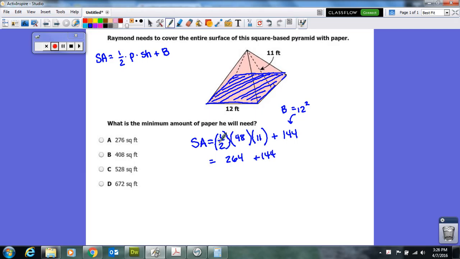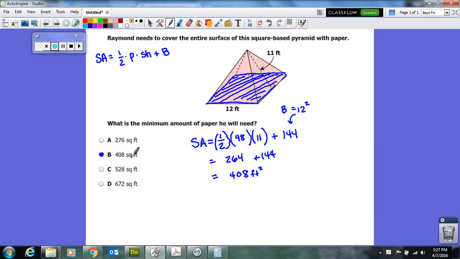It's important that you do the multiplication first and then you add the 144 on at the end. Order of operations is still in play. So when I add these two amounts together, it gives me 408. And since I'm talking about the surface area of something, I have to take my unit and square it. So it's feet squared or square feet. So it looks like our answer B is the correct answer.